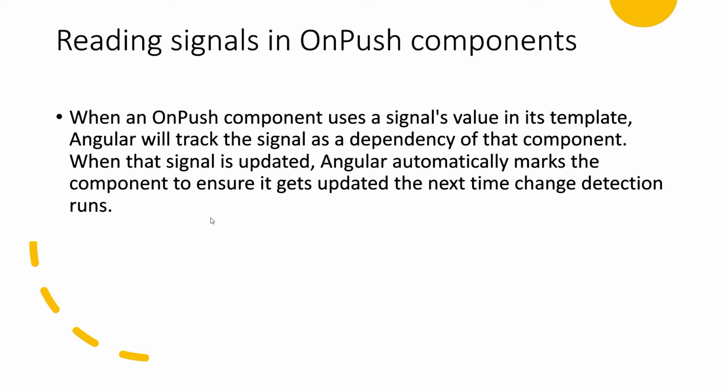So whenever you are using the OnPush strategy, and if your signal variable is updated in the parent component, your child component will automatically get refreshed with the updated value, or we can say the signal will trigger change detection for your OnPush component.